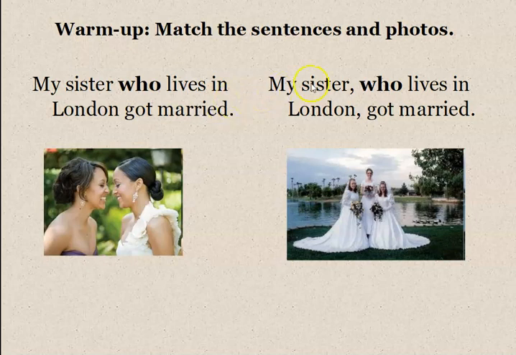And the second is my sister, who by the way lives in London, got married. Okay, probably we don't think as much about commas and about these relative clauses and relative pronouns, which add more confusion to English sentences, okay?